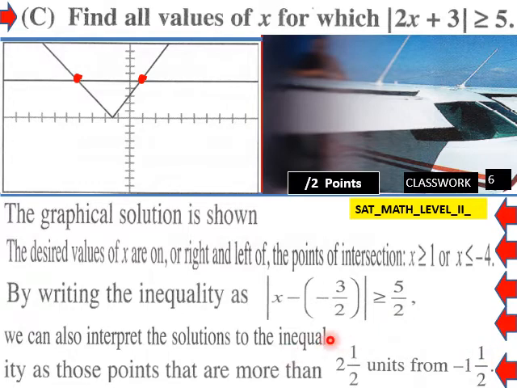So that'd be another way of looking at your solutions. You're 2 1/2 units from negative 1 and 1/2, which is right here. 2 1/2, and then negative 1 and 1/2.